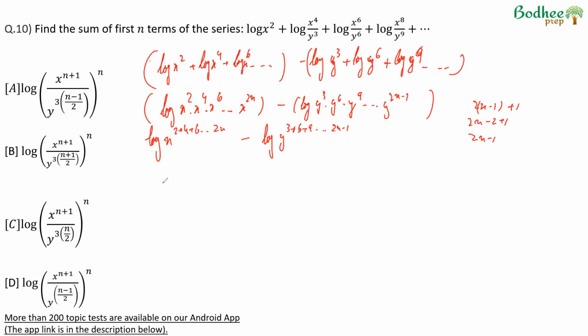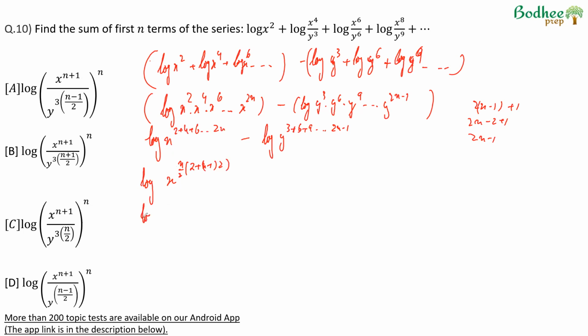This is an arithmetic progression. The sum of an arithmetic progression is n by 2 into 2a plus n minus 1 d. 2a becomes 4 plus n minus 1 into common difference 2.